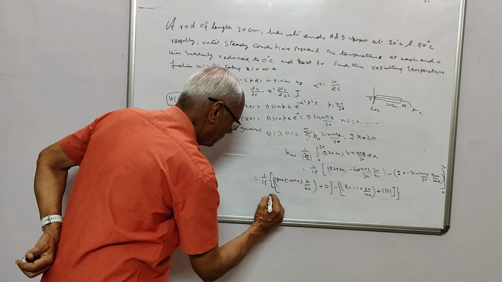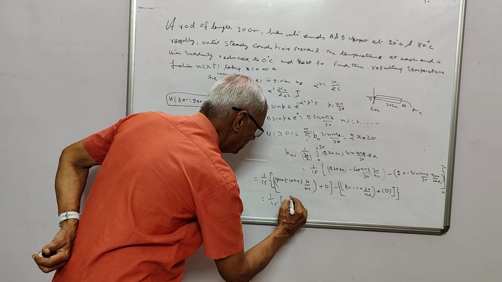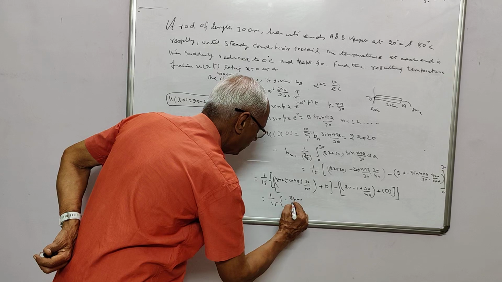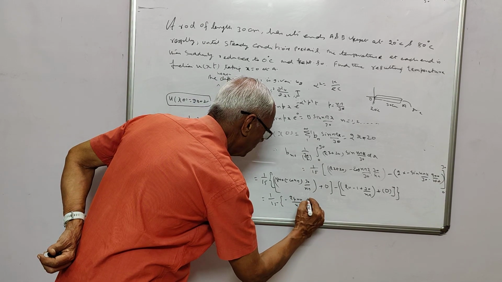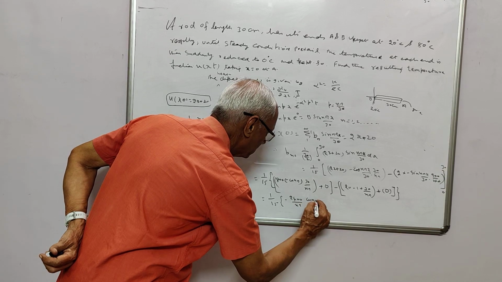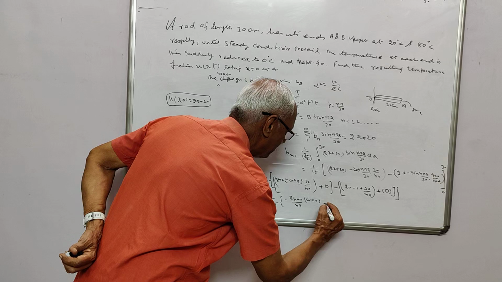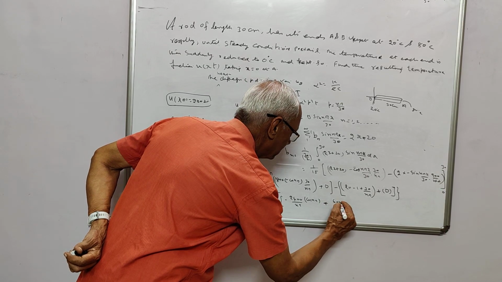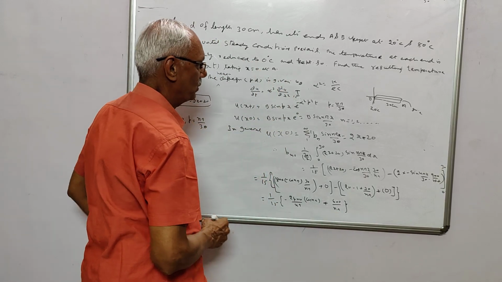So you are left with 1 by 15, and this is minus 2400 divided by nπ into cos(nπ). Minus into minus will make it plus, it is 600 by nπ. So this is what you will get.